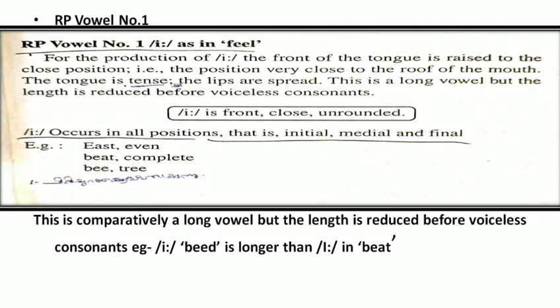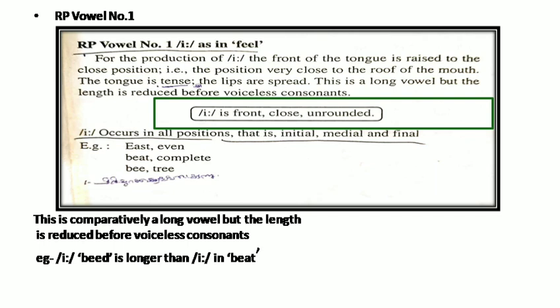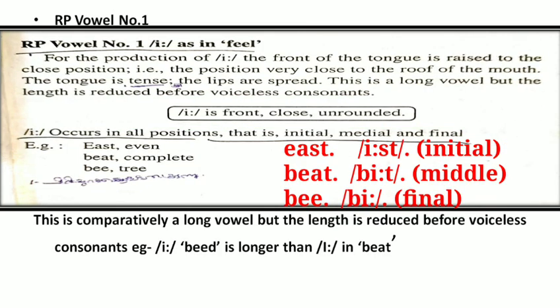The lips are spread, that means unrounded. This is a long vowel, but the length is reduced before voiceless consonants. The three-term formula of vowel E is front, close, unrounded. The terms given in the box will be the three-term formula: front, close, unrounded.